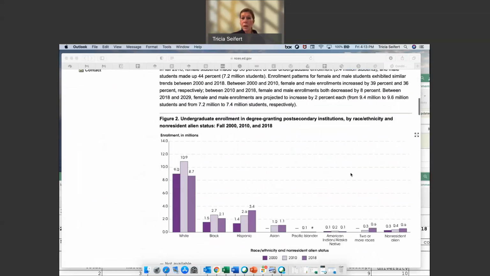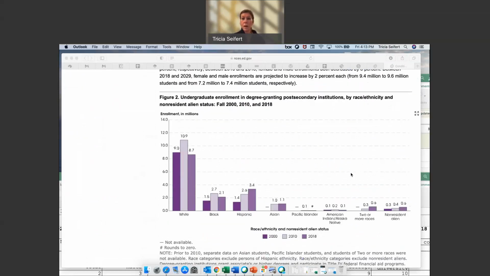Here we can look at undergraduate enrollment by race and ethnicity over time, in the fall of 2000, 2010, and 2018. This is an interesting thing to note. Fall 2000 enrollment for white Caucasian students was 9 million.